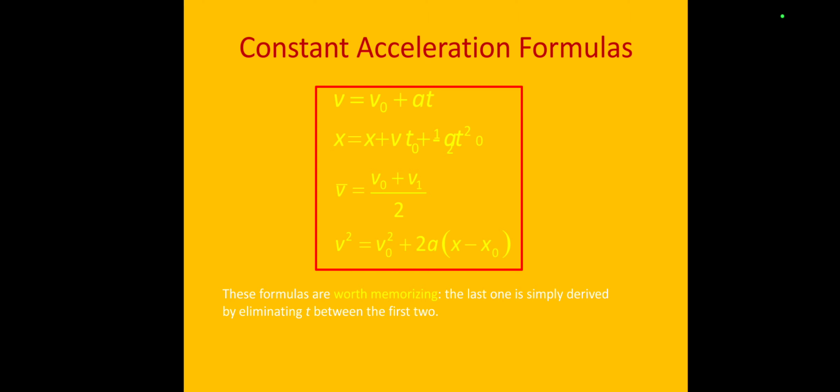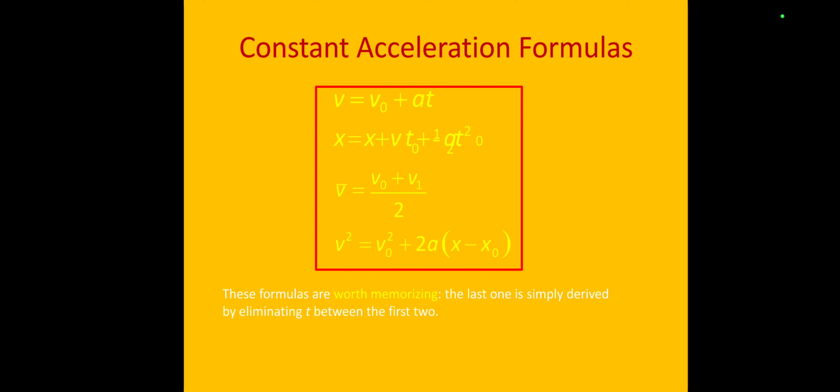If we rearrange all these formulas, we can get the initial velocity, the final velocity, the time, the acceleration, and the displacement also. It totally depends upon which quantities are given in the problem.